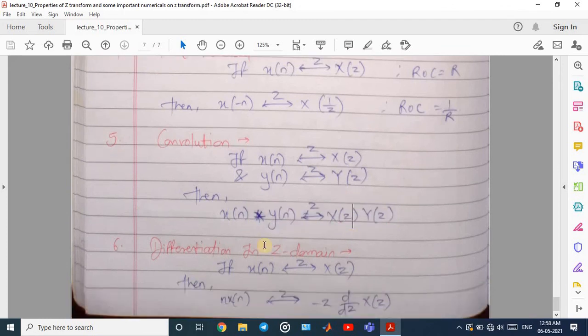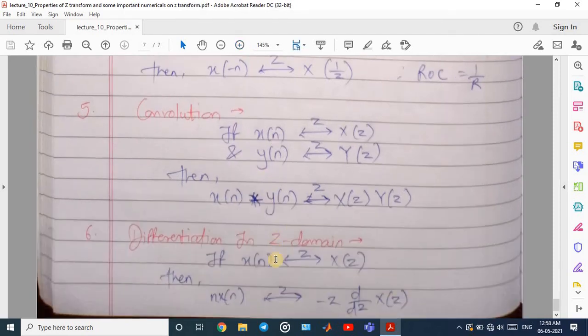Okay, and the last one is differentiation in the z domain. Differentiation in the z domain is kind of a multiplicative property. So I'll explain. If the z transform of x of n is x of z, then consider a term n multiplied with x of n.